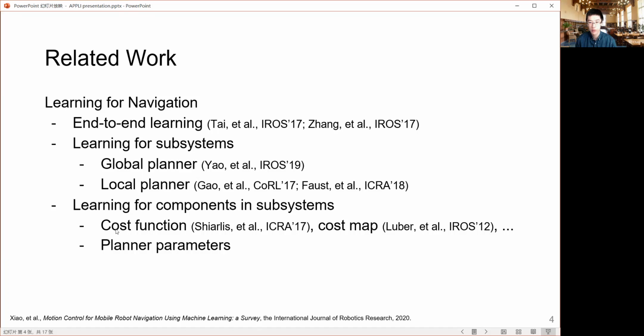There are also works focusing on small components in the subsystem, for example, replacing the cost function or cost map, or tuning the planner parameters. And this is the focus of our method, to tune the parameters for the local planner.